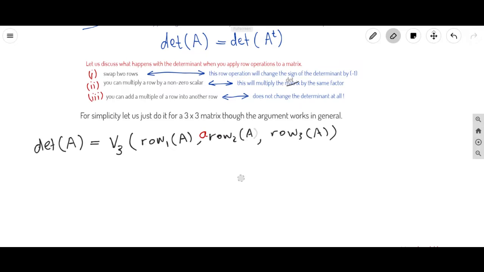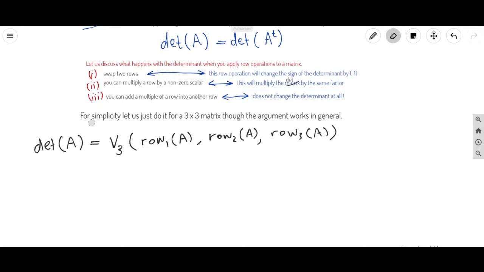Now we mentioned one of the properties of oriented volume is that if any one of these vectors gets multiplied by a constant, you can end up factoring the constant out. And so the volume of this new matrix is the volume of the old matrix multiplied by the same factor. So the determinant gets increased by the same factor.